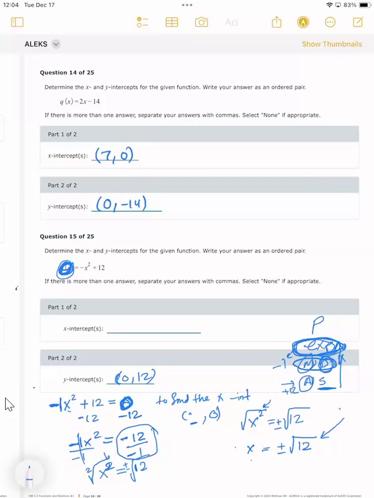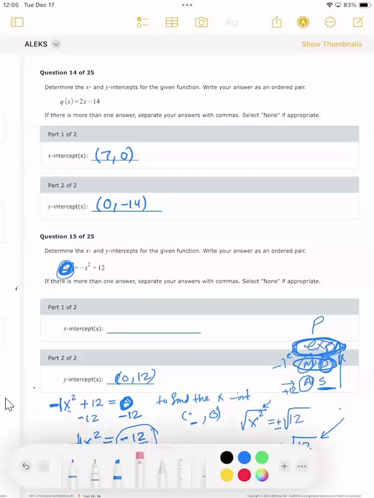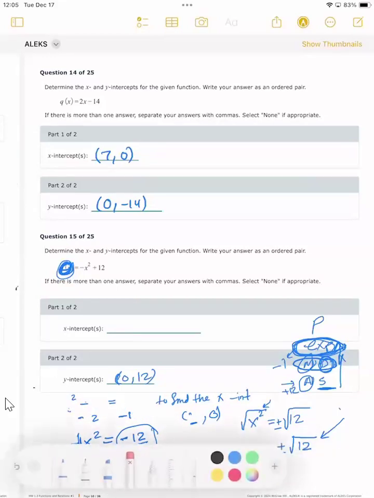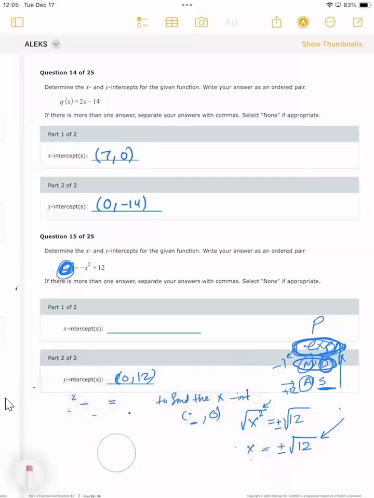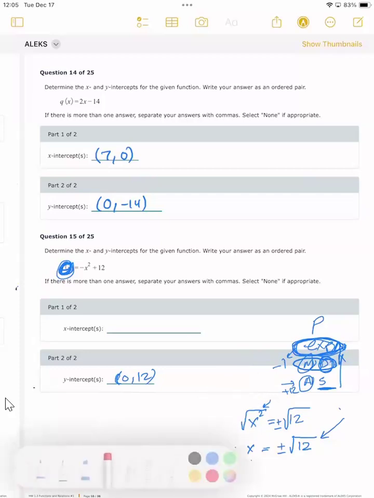How do we simplify a radical? So let me erase these. We got the square root of x squared, which is equal to x.